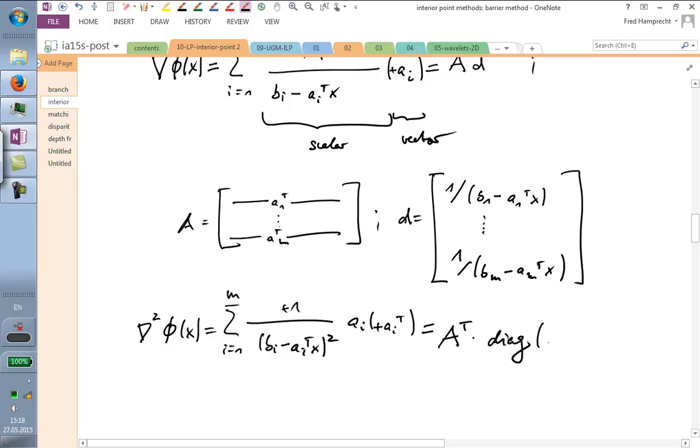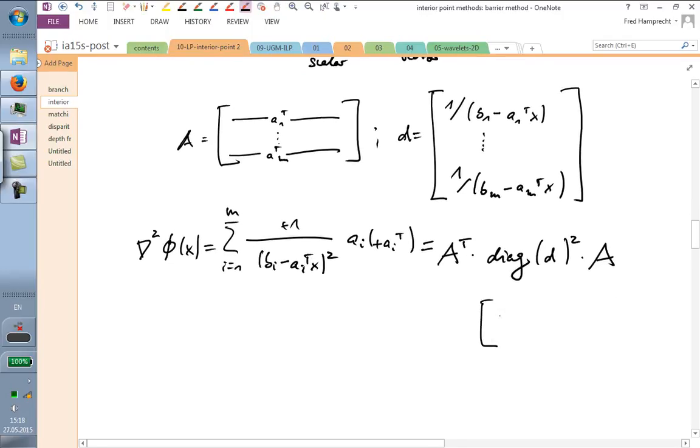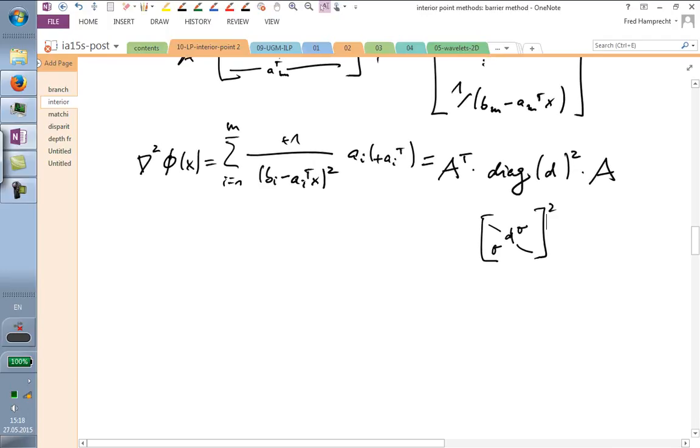So by this notation here, I want to say that we construct a matrix which has the vector D on its diagonal, and 0 elsewhere. And then this matrix is squared. For the diagonal matrix, this just means we square each element.